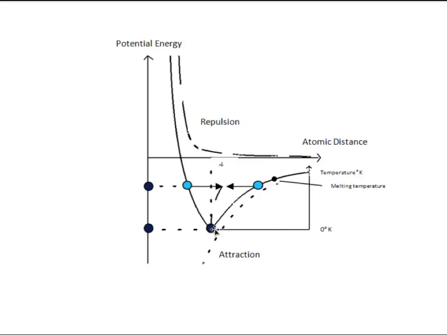That is at absolute zero temperature, when the atoms are absolutely still. If you start raising the temperature, the atoms will vibrate between the two arms of the curve. And if you raise the temperature to a level where we have this potential energy level, the vibration will be between these two blue points.